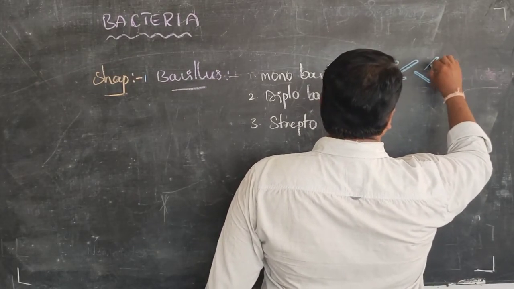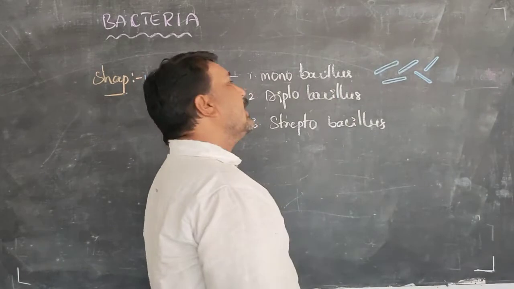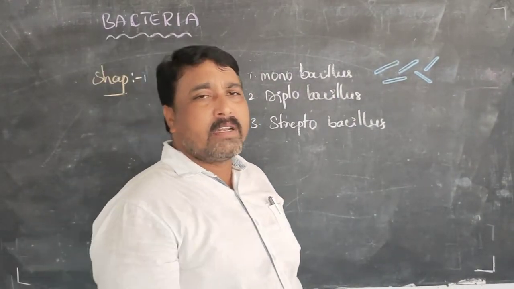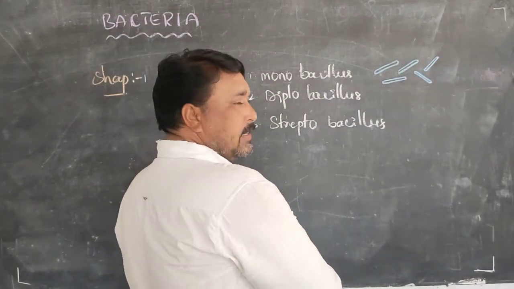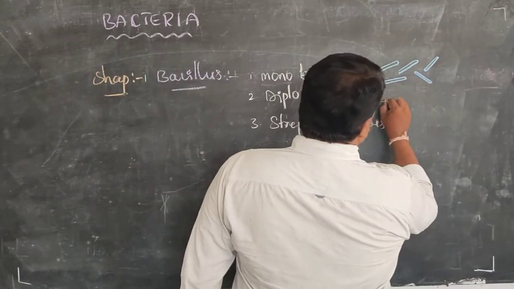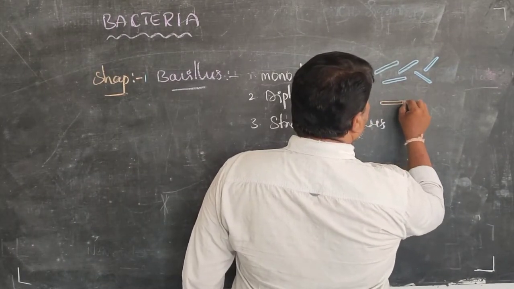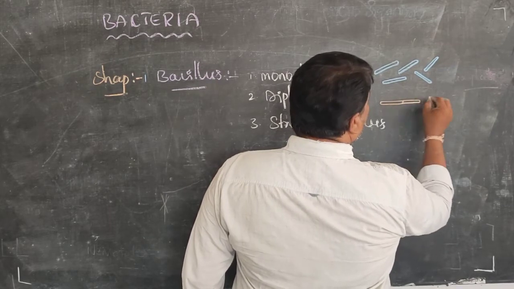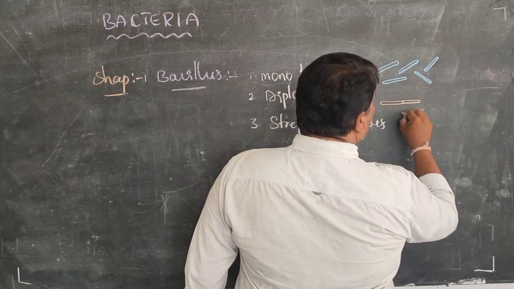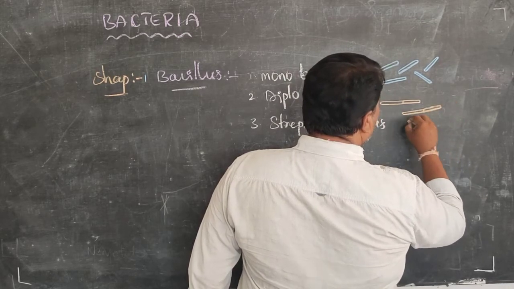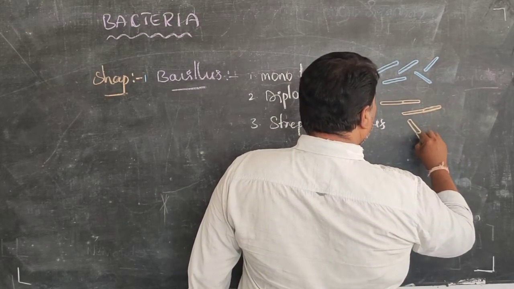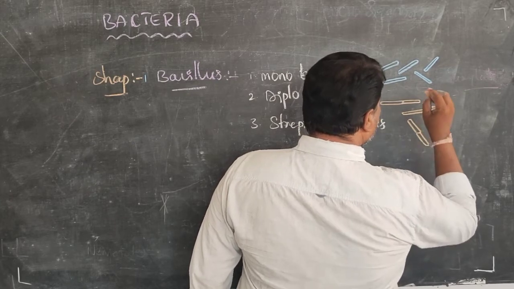Diplobacillus is the arrangement of a pair of rod-shaped structures. A pair of rod-shaped structures is called diplobacillus.